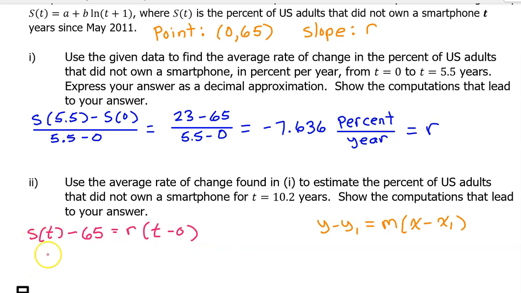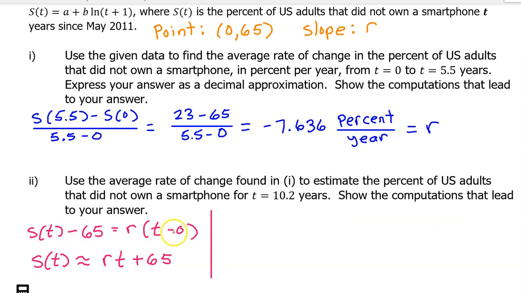Let's get s of t by itself by adding 65 to both sides. Dropping the 0, we get s of t is approximately equal to r times t plus 65.